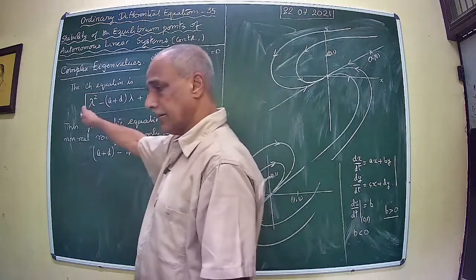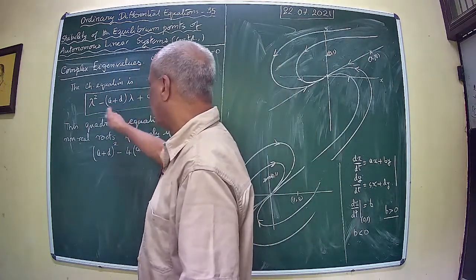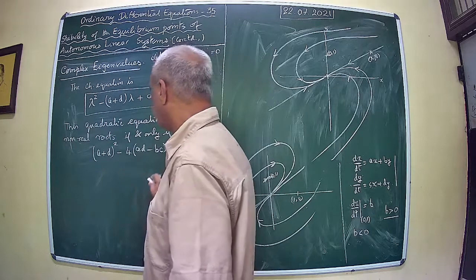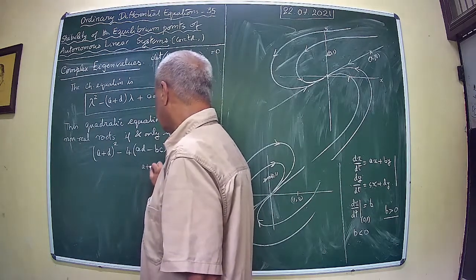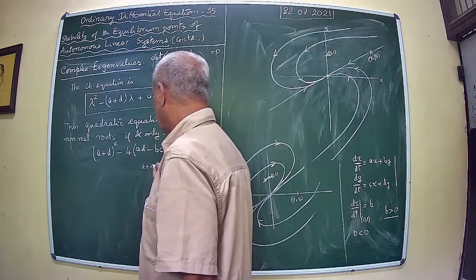When you write down the two roots, it is going to be minus of this, that is (a plus d), plus or minus the square root of the discriminant.